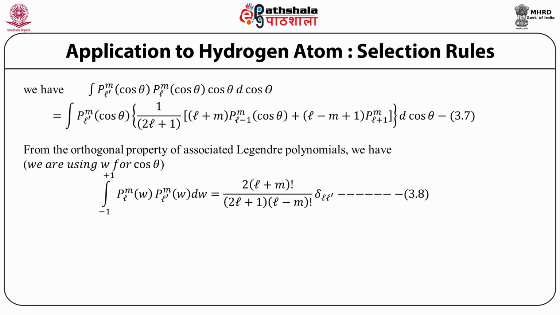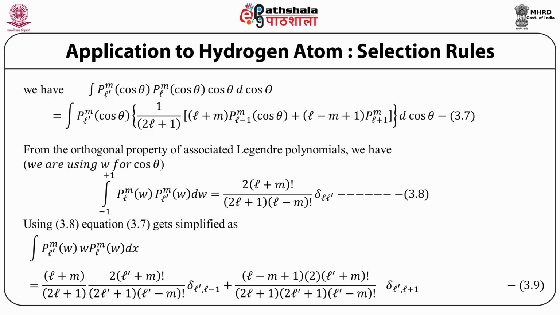We have the integral from minus 1 to plus 1 of P_l^m(w) P_l'^m(w) dw equal to 2 (l+m)! divided by (2l+1)(l-m)! times delta of l and l prime.